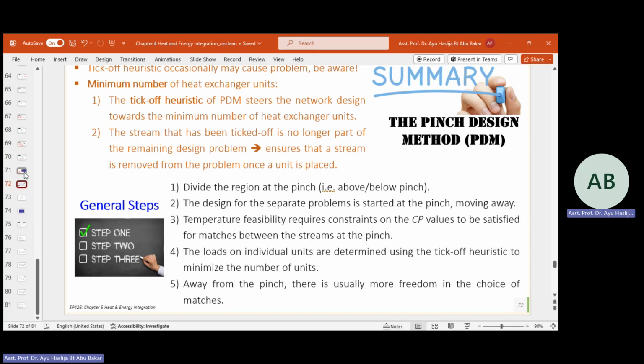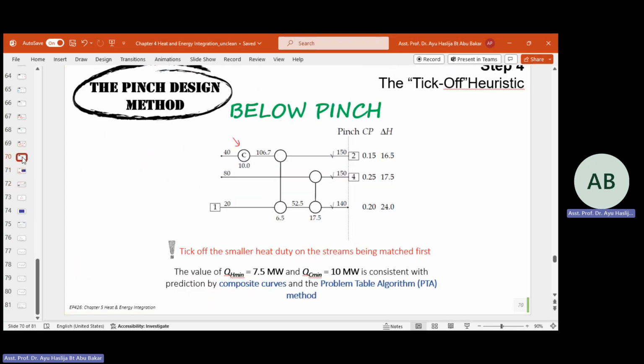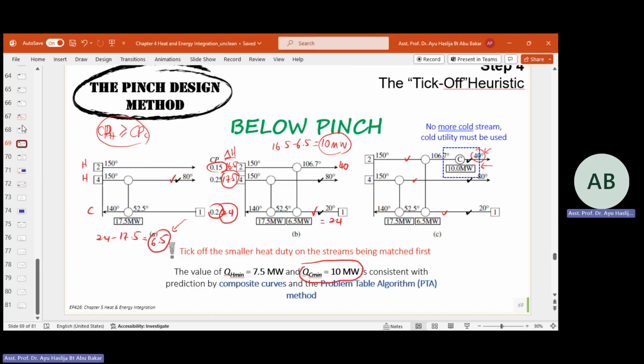Try to figure out. Okay, now I want to share with you just now the temperature difference. You see, here we take below pinch. Let's see, below pinch as example. See my notes.